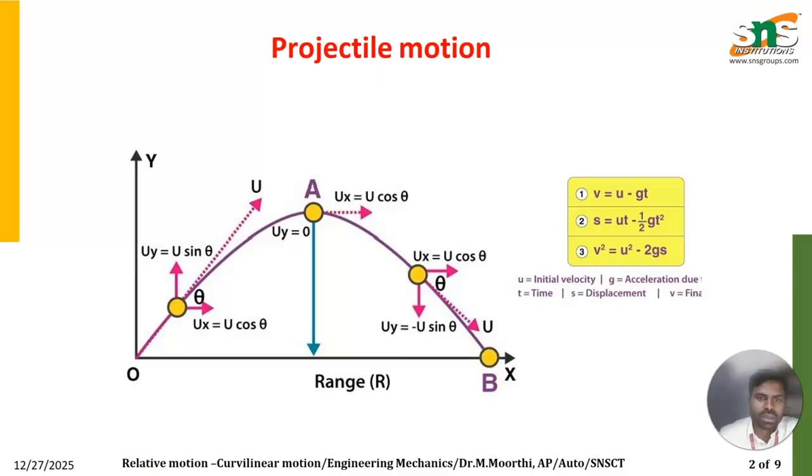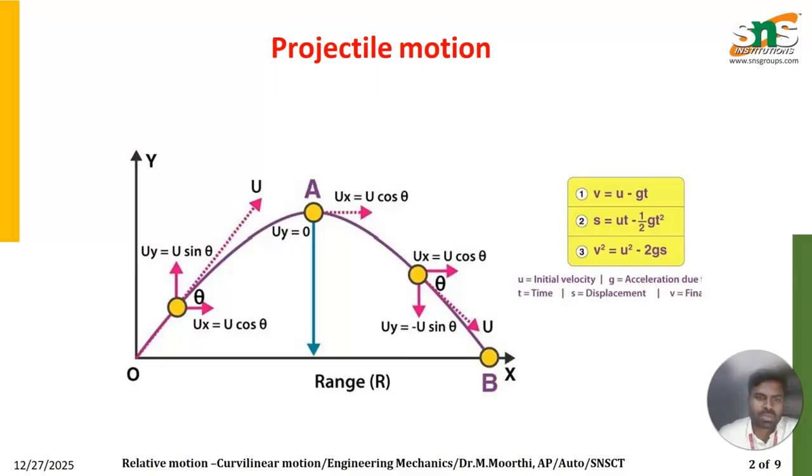So what is projectile motion? The object is projected into space at some angle, and the object travels at that angle and again hits the target. In the diagram, the object is thrown with the initial velocity u, and you can calculate the horizontal velocity u cos theta and the vertical velocity u sin theta.